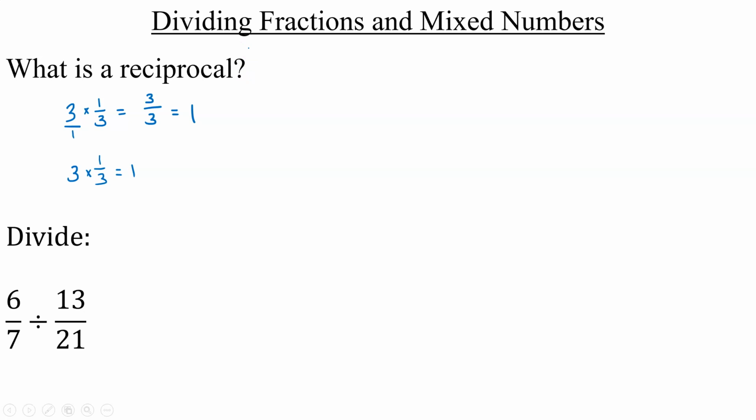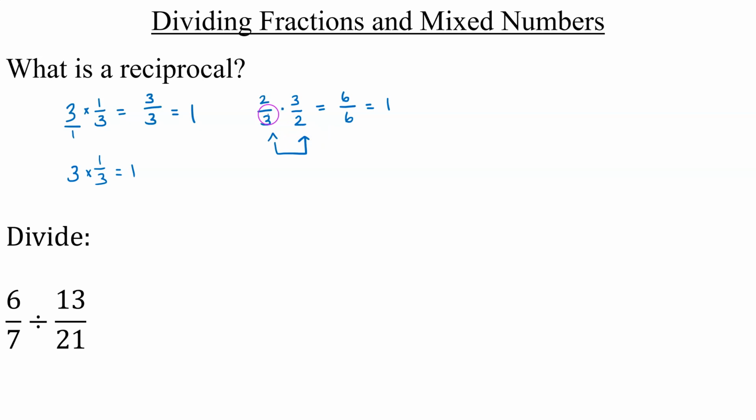So let's look at another example. If we had the fraction 2/3 and we multiplied it by 3/2, 2 times 3 is 6. 3 times 2 is 6. 6 divided by 6 is 1. So these are reciprocals.